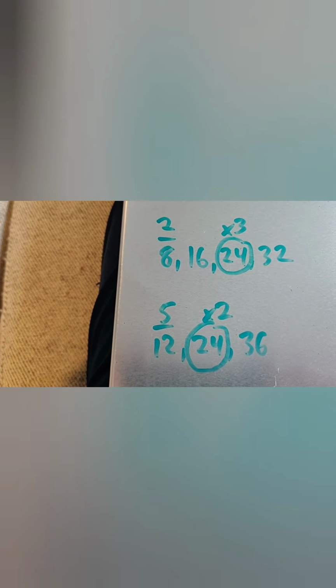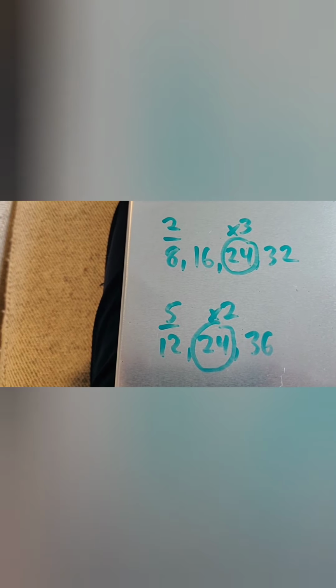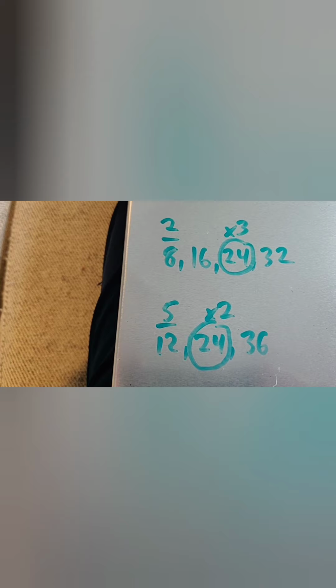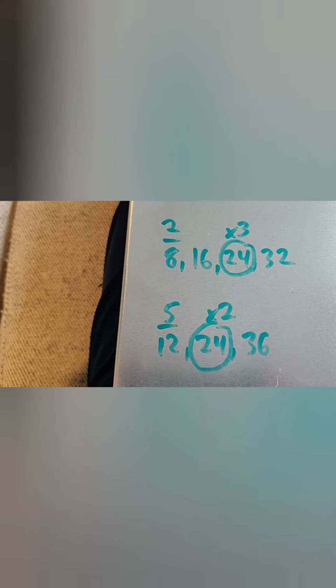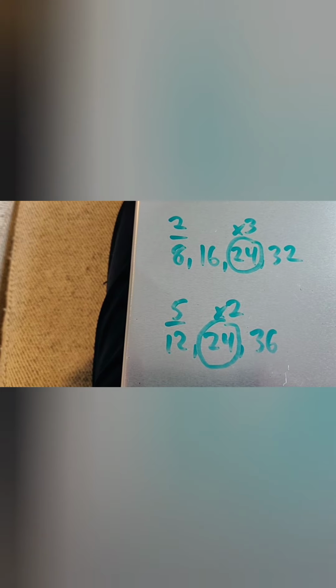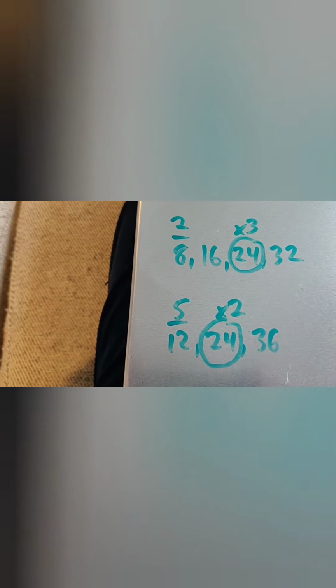So when we skip counted the denominators in 2/8 and 5/12, we see that we can express each of those fractions as equivalent fractions with a denominator of 24.